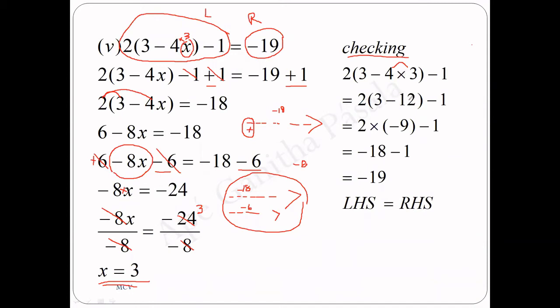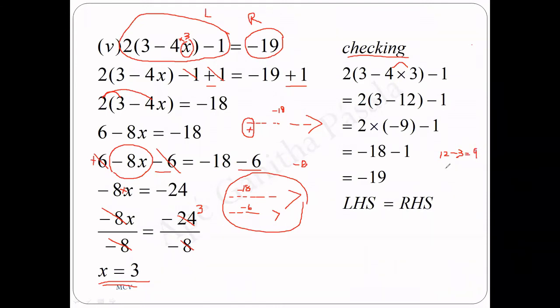2 times 3 minus 12, minus 1. You know, 12 minus 3 is plus 9.